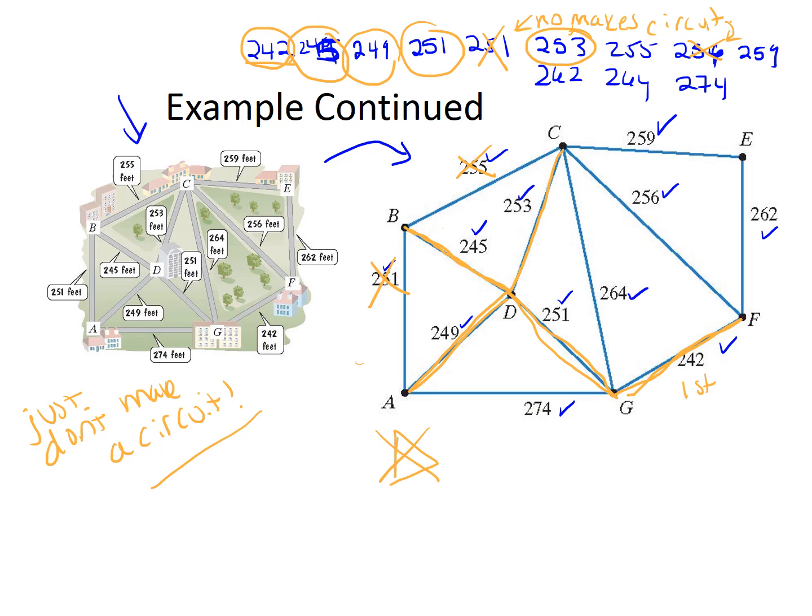259, yes. And now you can see that they are all connected, and that is the minimal spanning tree.